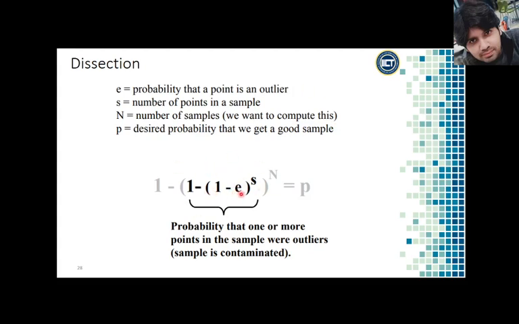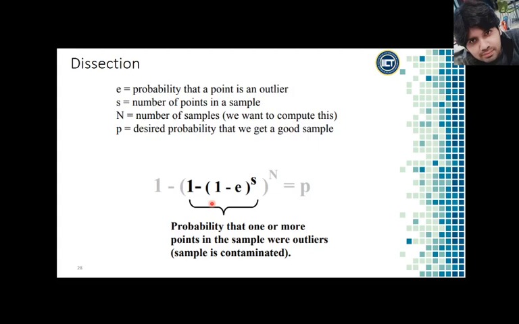So remember that (1 minus e) to the s is the probability that all the points in the sample set are inliers. That's the probability we computed previously, and subtracting from 1 computes the probability of getting at least one outlier in that sample.